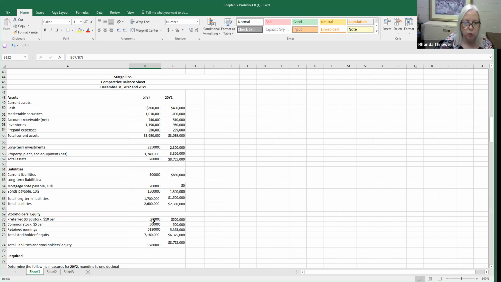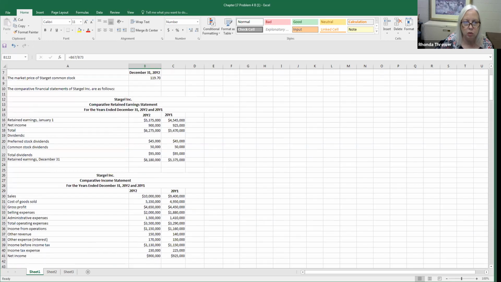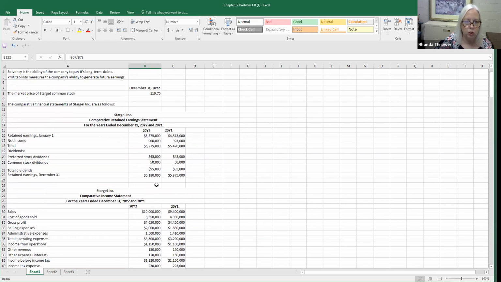As you can see here, your preferred stock and your common stock stayed basically the same throughout this period of time, but your retained earnings grew. And if you wanted to look at that further, you could look at your retained earnings statement that they had given to you. And you can see here that your net income for year 1 was $925,000, but the net income in year 2 went down to $900,000.